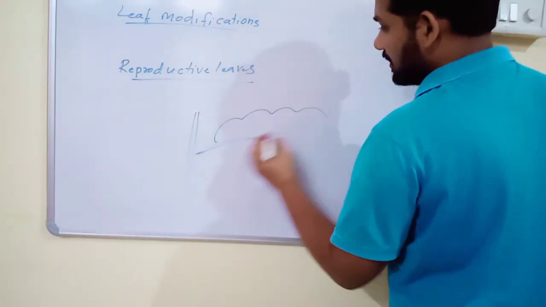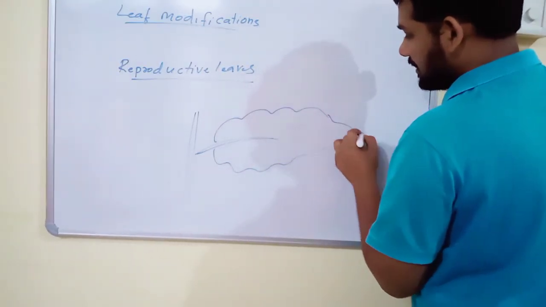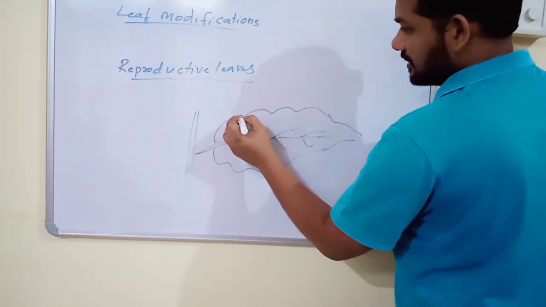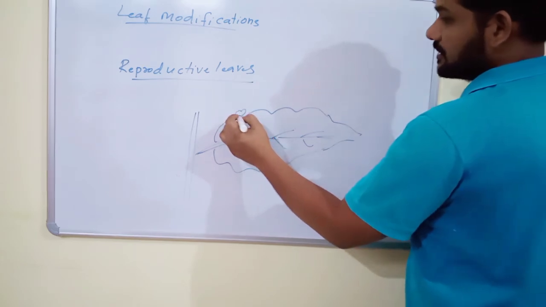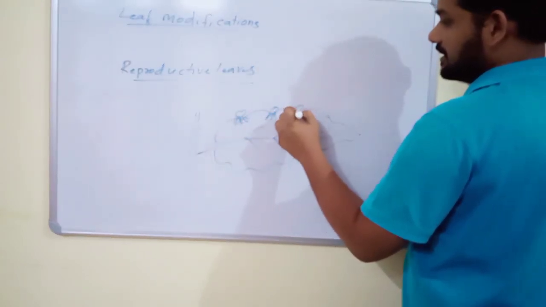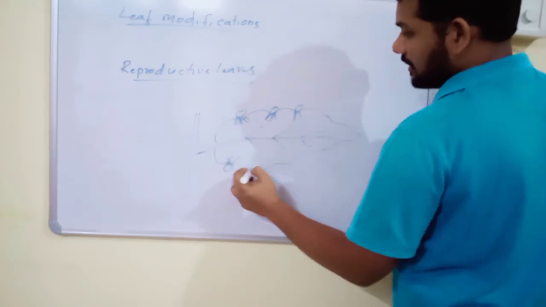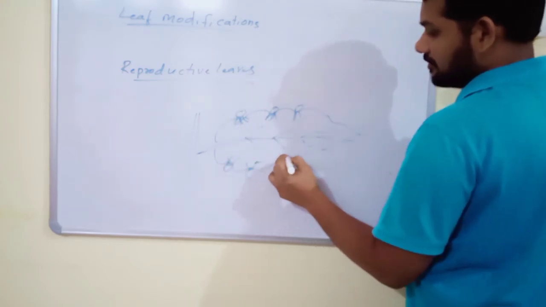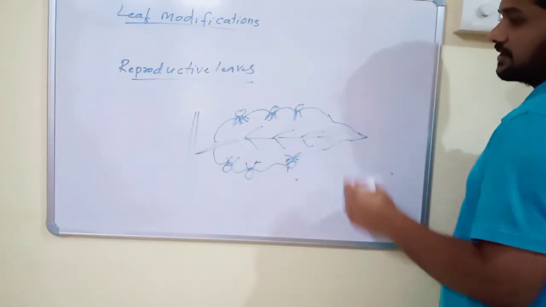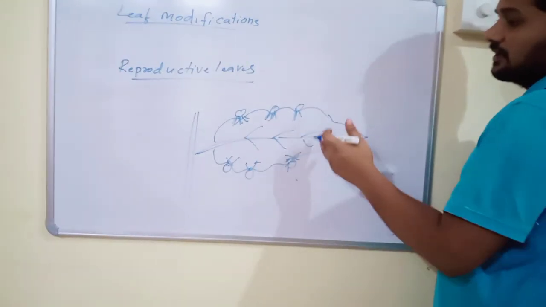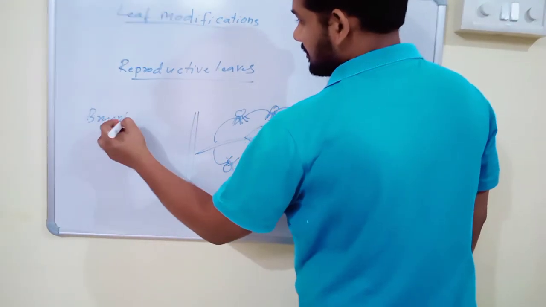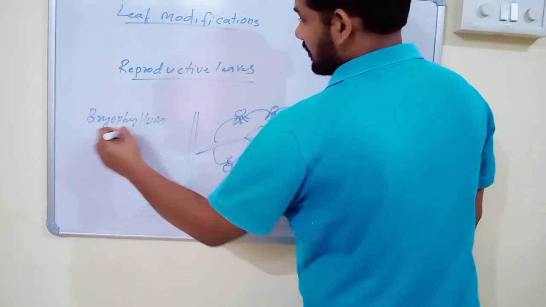In plants like Bryophyllum, the notches of the leaves have many adventitious buds, and these adventitious buds grow, and at the time of maturation they become fully new individuals, and they detach from the main leaf and grow as new individuals. This type of leaf is usually present in plants like Bryophyllum.